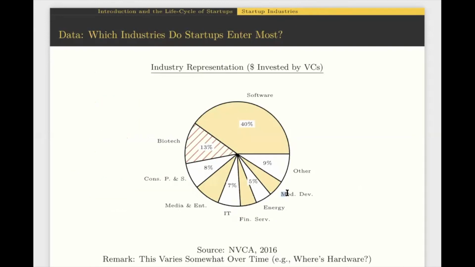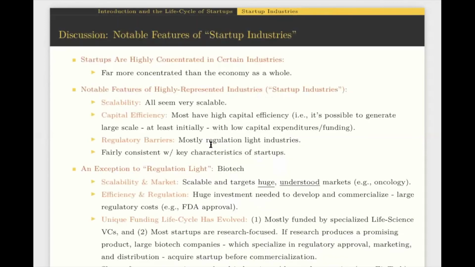Same thing is also true, but to a lesser extent, with medical devices. But we can see, right, biotech is a substantial component of startup investment activity. It's the second largest industry, and that's certainly a regulation-heavy industry. So that's a counterexample to the main features that we usually see with startup industries.